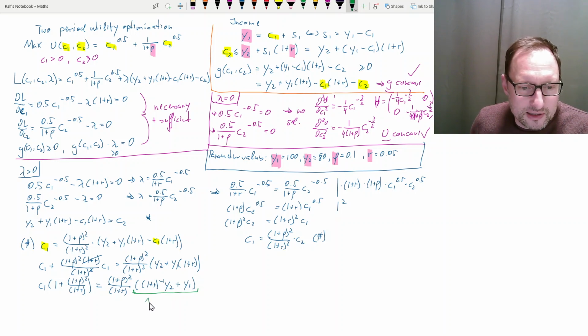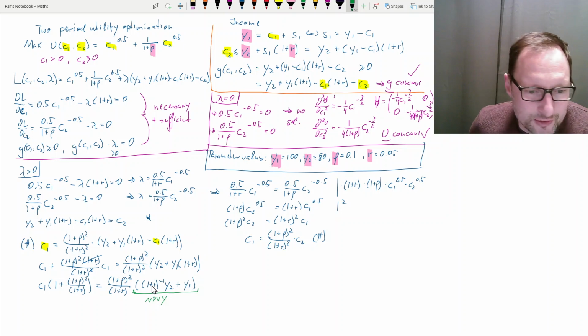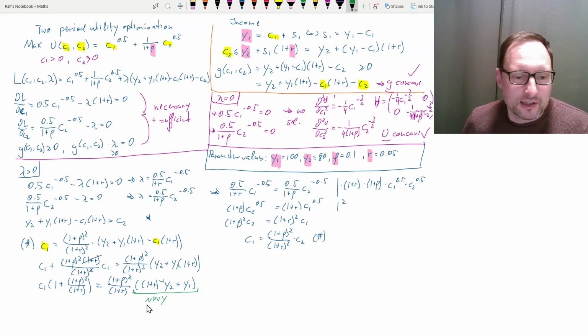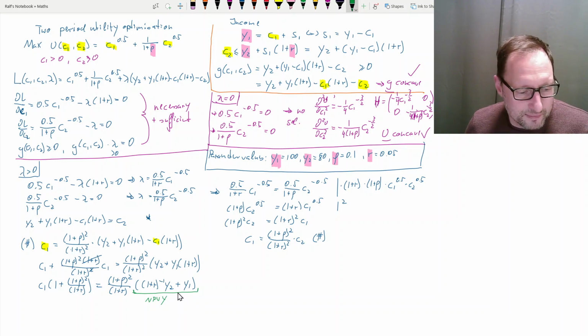So I'll give that a name, net present value of y, NPV y. Those of you who've seen that will hopefully recognize it. For those of you who don't do finance, this is just a short version of writing this parenthesis term, so I don't have to write so many things.